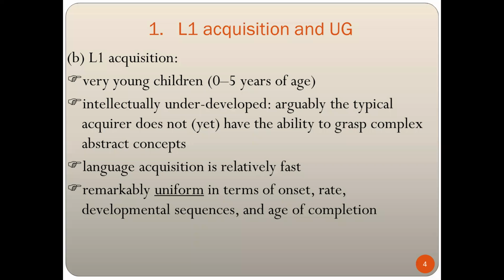We also should make a distinction between language, specifically the grammatical system of the language, and other language-related skills like literacy. Literacy is obviously a language-based skill, but we acquire it a bit later in life.